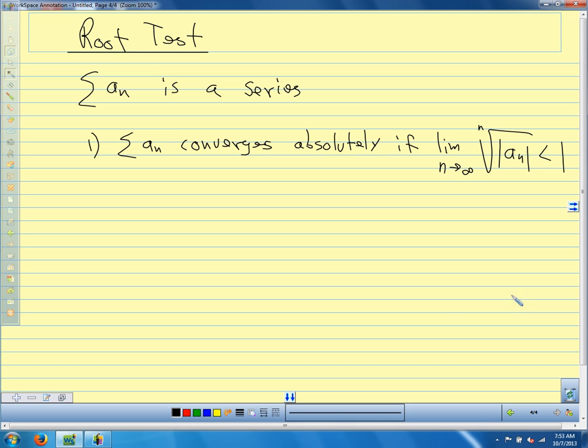And that needs to be less than 1. Our series is going to diverge if this limit is greater than 1. And no conclusion if the limit equals 1.